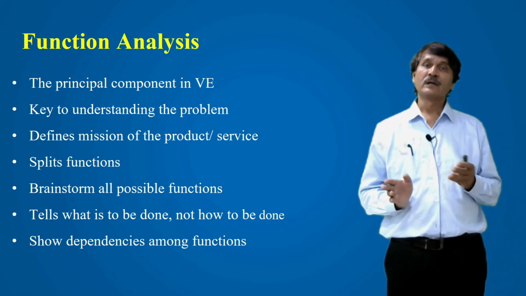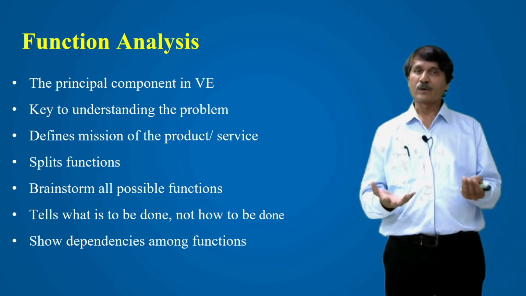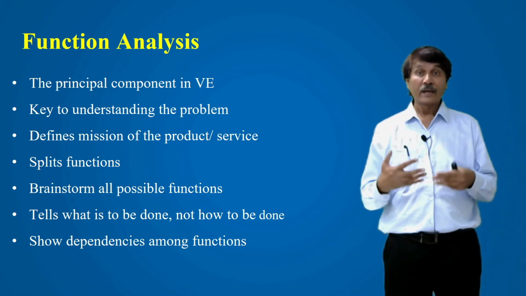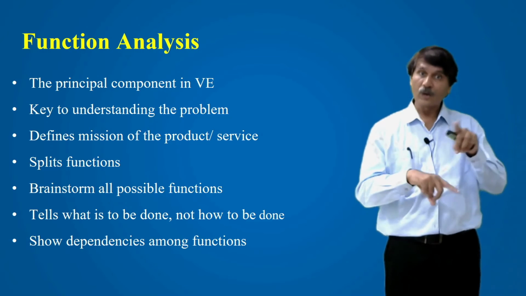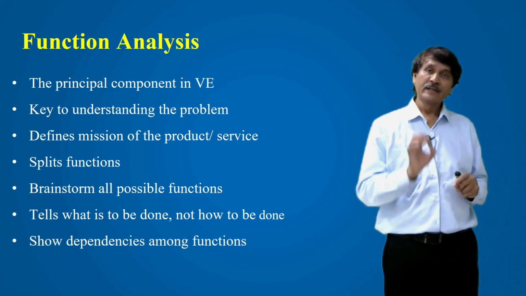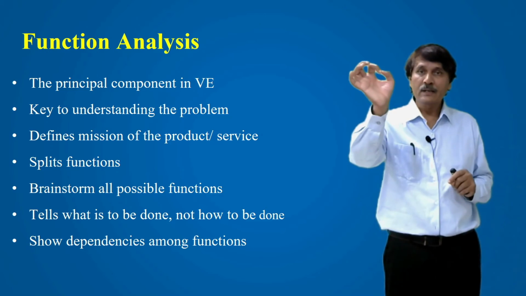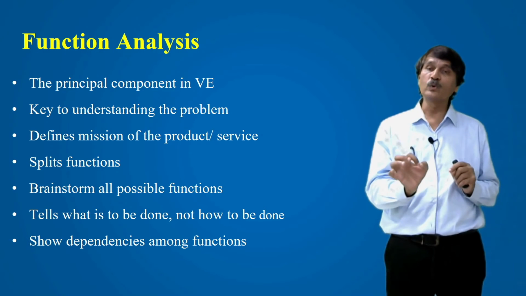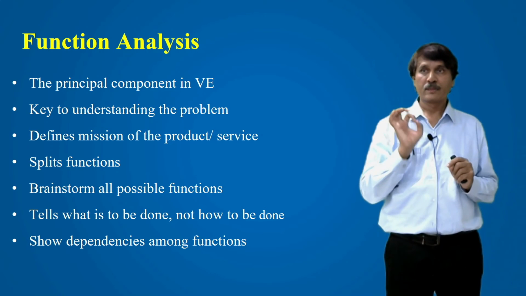Brainstorming is to be done to get all these possible functions, find out their merits and their usability, and then you have to tell what is to be done and not how to be done. There is a difference between the two. What is to be done, that is, you say your product should contain so many things, your product should be able to satisfy the need of the customer.